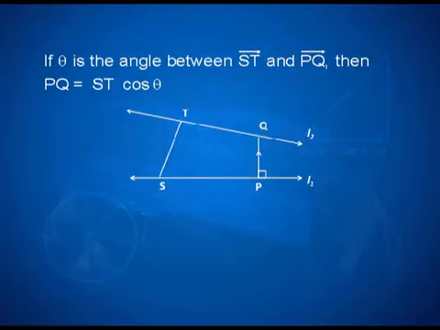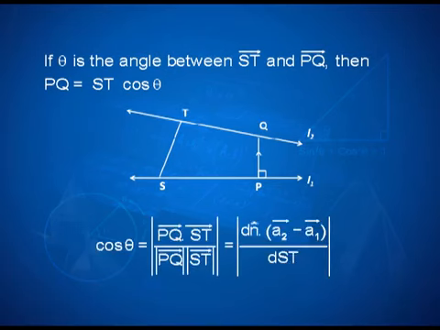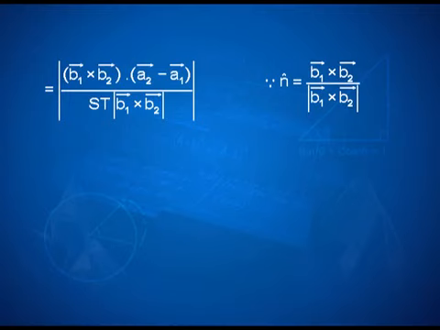Vector algebra also taught us that if theta is the angle between the vector ST and vector PQ, then the projection, that is the distance PQ, will be the same as ST cos theta. Cos theta, using the dot product, comes out to be d n cap dot A2 minus A1 upon d times the distance ST. We know that n cap is B1 cross B2 by magnitude of B1 cross B2.